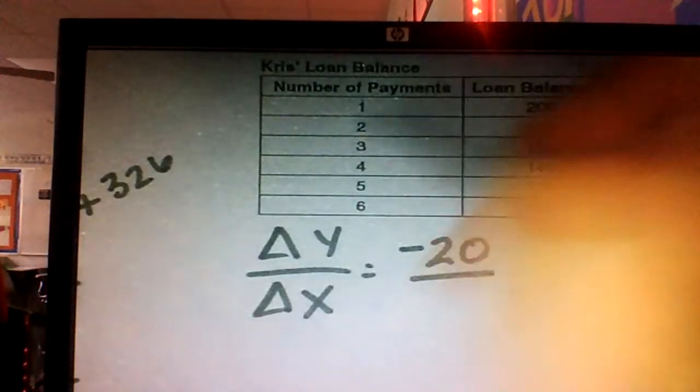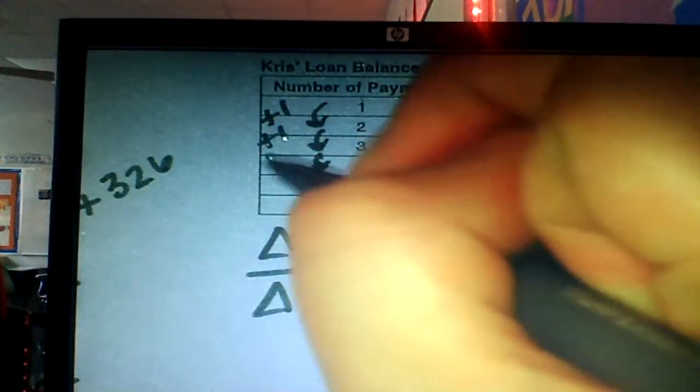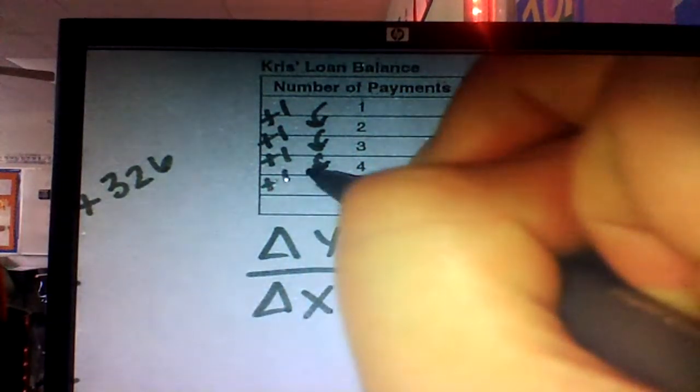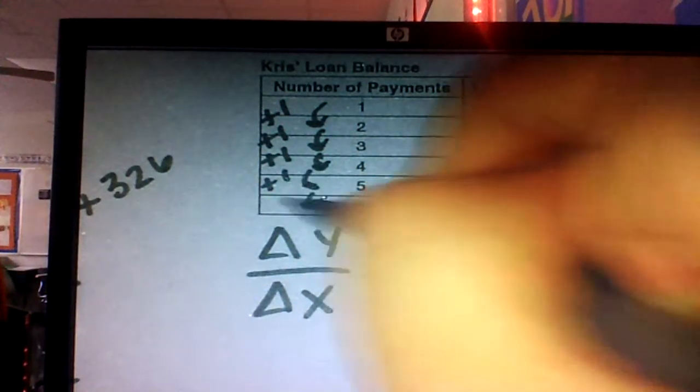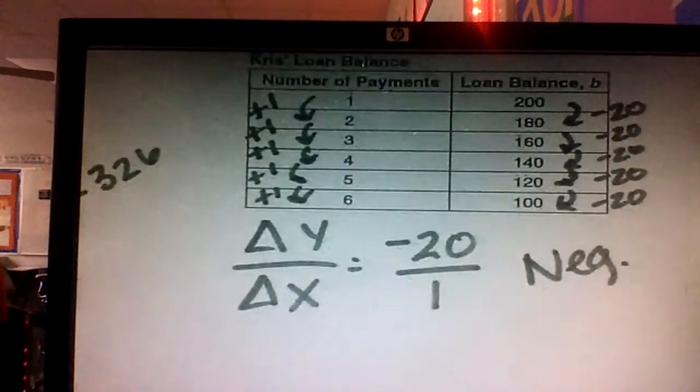My change in Y is what? Plus 1. Uh-oh. Now we have a negative slope.